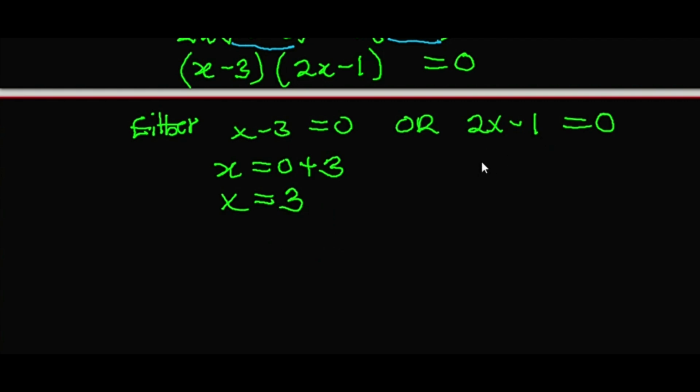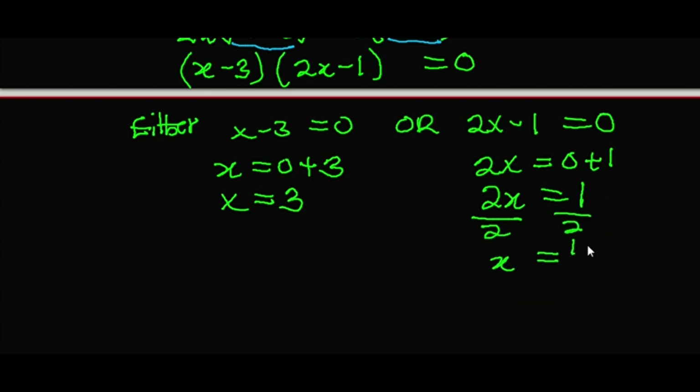And from here, we have 2x equals 0 plus 1, so 2x equals 1. Divide both sides by 2, we have x equals 1 over 2. Therefore x1 equals 3 and x2 equals half. So these are the set of solutions that satisfy the equation.